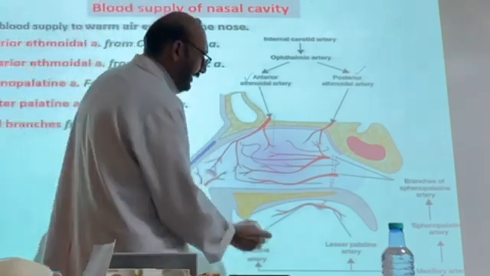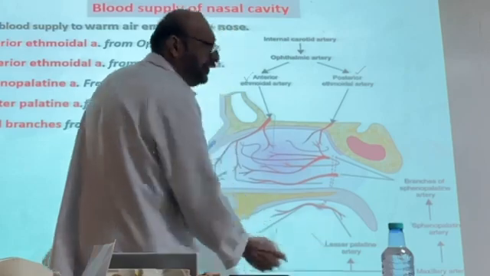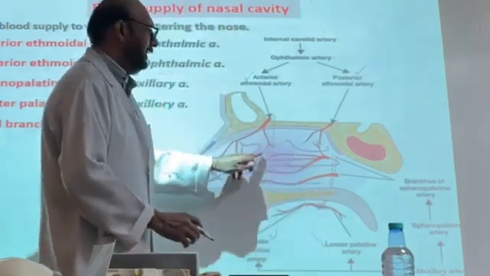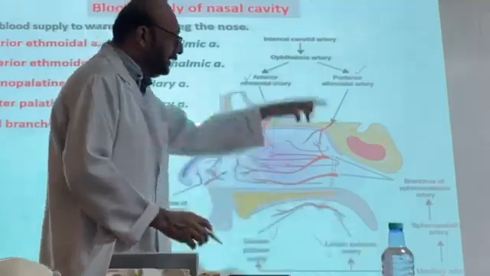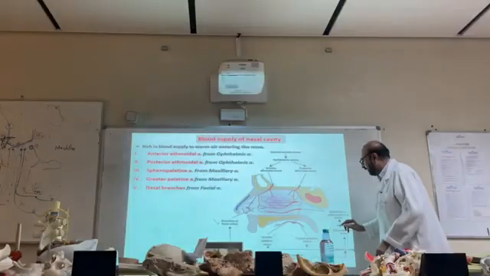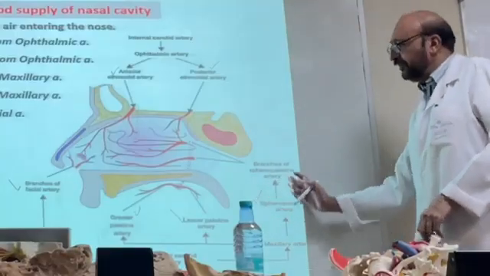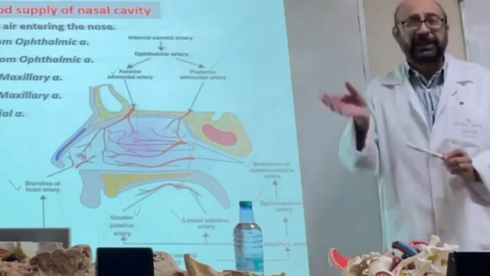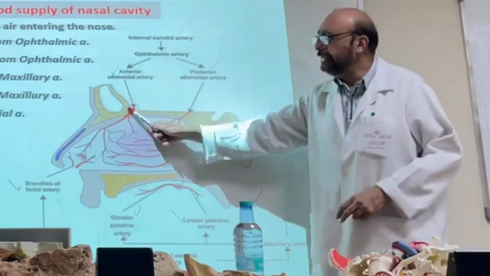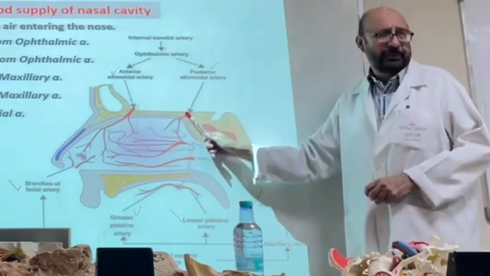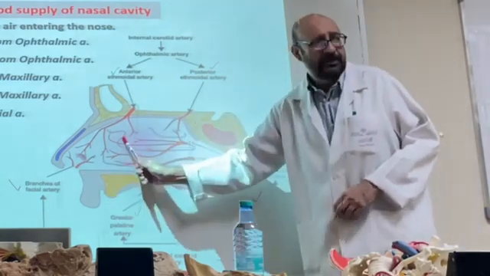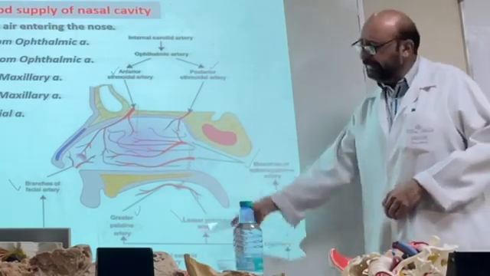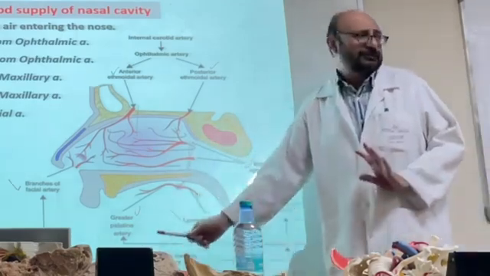Then we have palatine, greater and lesser palatine arteries, which are entering through the palate, and they are anastomosing here inside. Then we have the sphenopalatine artery, so the branches of the sphenopalatine artery will go here. Again, anterior and posterior ethmoidal arteries from the top, anteriorly facial, posteriorly branches of sphenopalatine, and inferiorly palatine arteries.